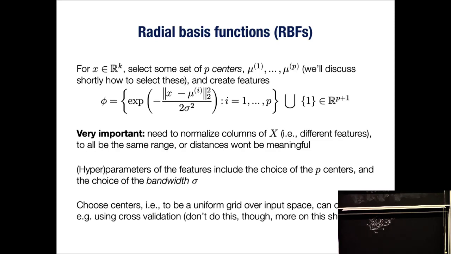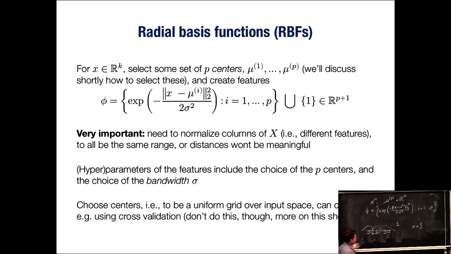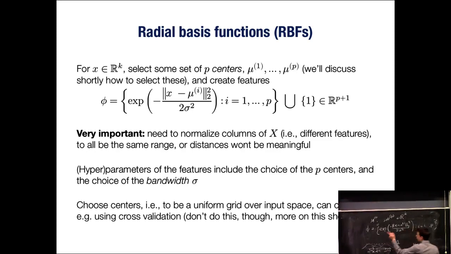But each of these expressions here, whether x is a vector or a scalar, is still just a single real valued number that you compute for each different center. So here phi is going to be a vector, just this one, I'll ignore the constant term.